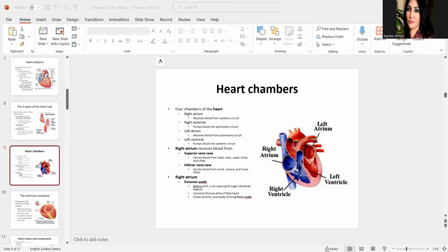Before birth, the foramen ovale permits blood to flow from the right atrium to the left atrium while the lungs are developing.